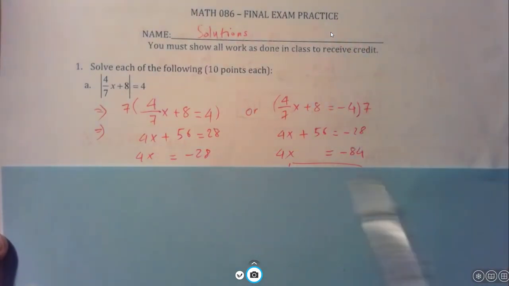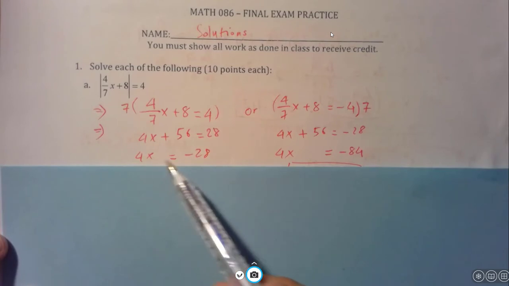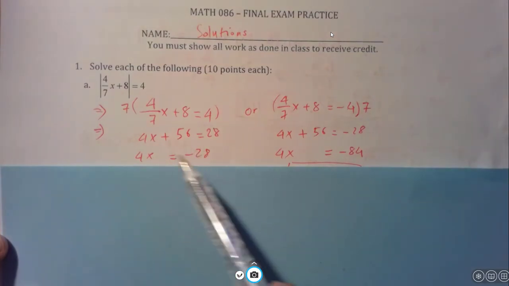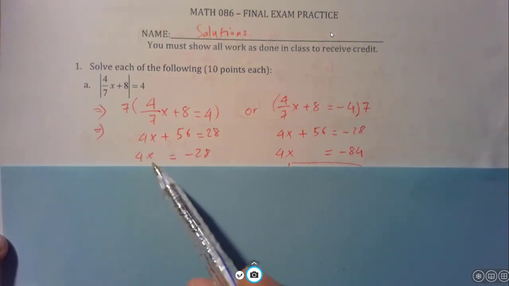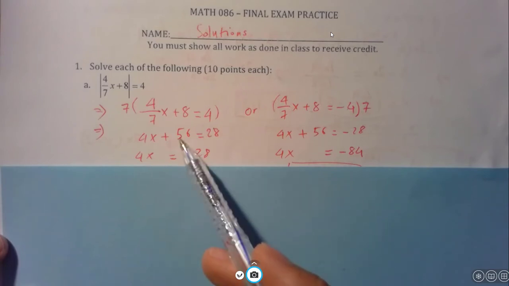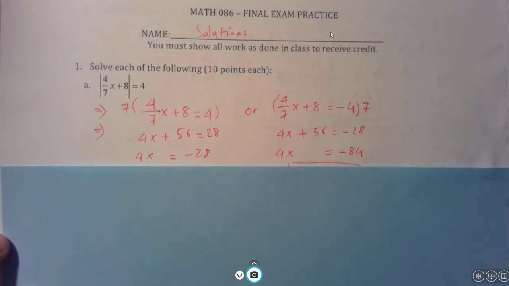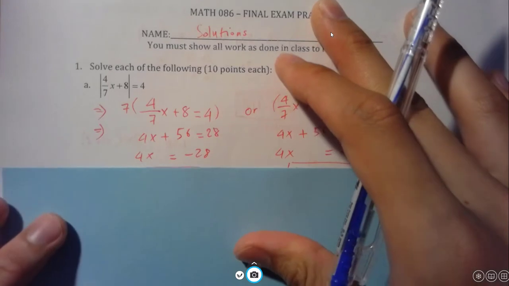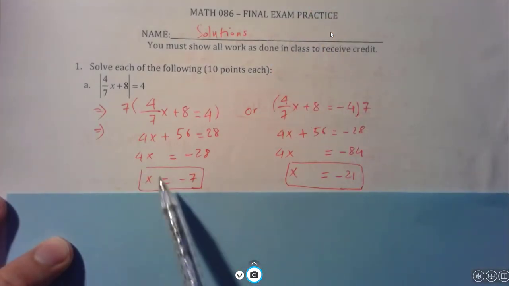And then I go ahead and subtract 56 on both sides, so that the left-hand side now has only 4x, and 28 minus 56 gives me minus 28. And then to solve for x, I must divide both sides by 4, right, to get minus 7.